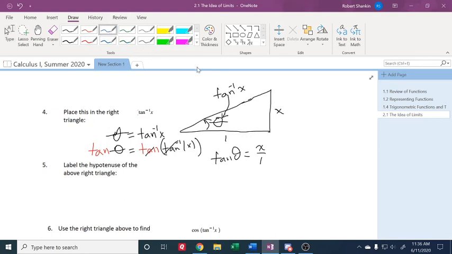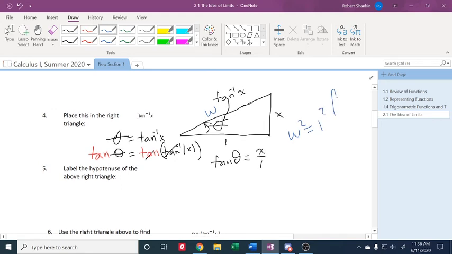Alright, so the hypotenuse, let's call it W for a minute. W squared from the Pythagorean theorem is equal to 1 squared plus x squared.